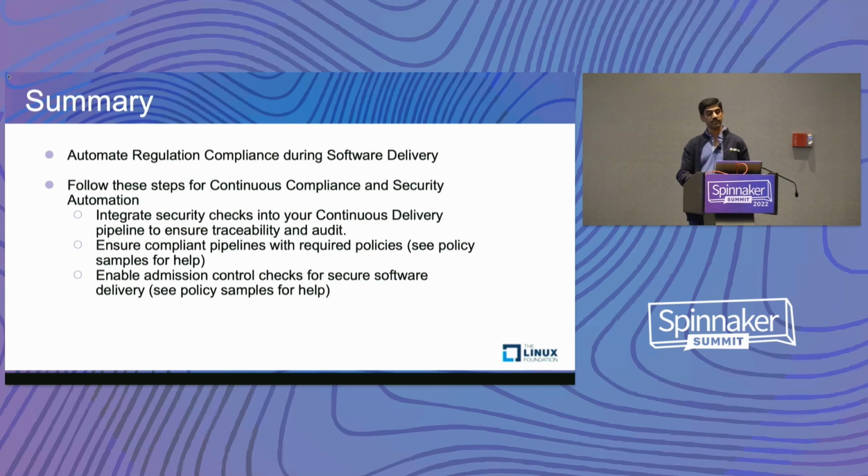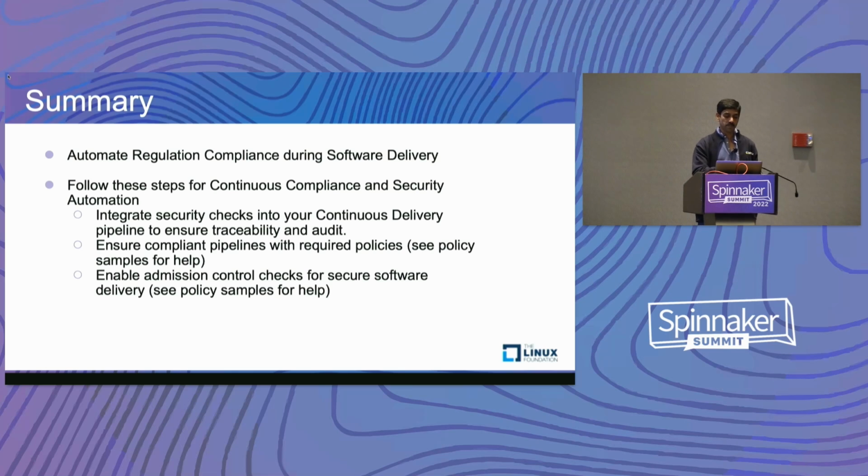To summarize, there are two different things that are required for automating compliance. One is our ability to collect the data from different stages within the pipeline. And the second is writing the compliance rules on top, triggered at different stages in the pipeline, that act on the data that we collected.